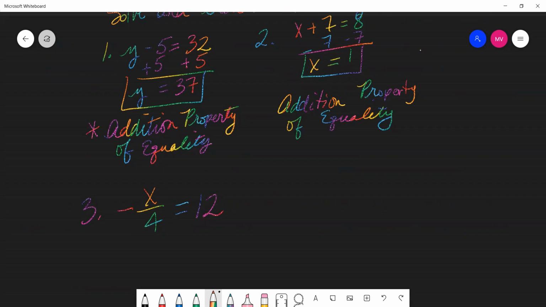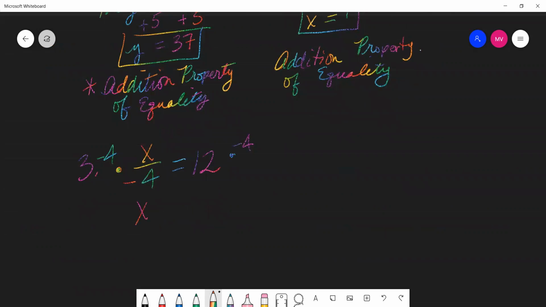Throw that negative with your 4, with the constant, so it saves you a step later on. We know if a positive is divided by a negative, it's negative, so you just throw it on the bottom. So we multiply both sides by -4 because that's the inverse operation of division. And 12 times -4 is -48.